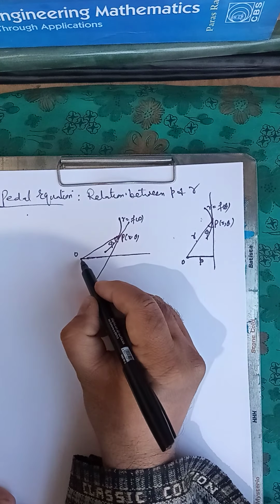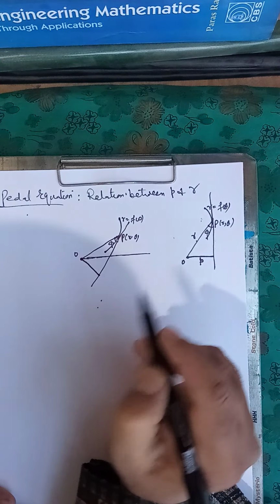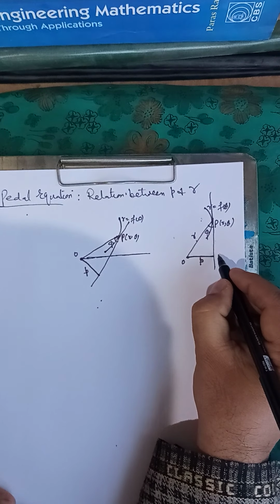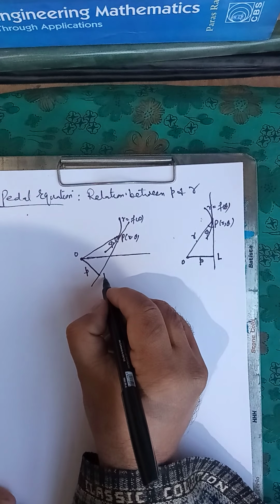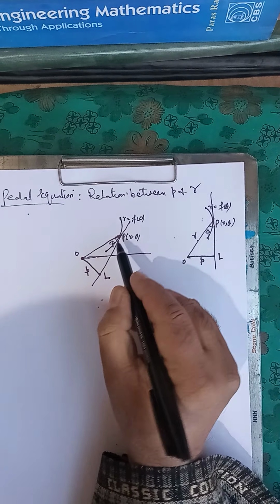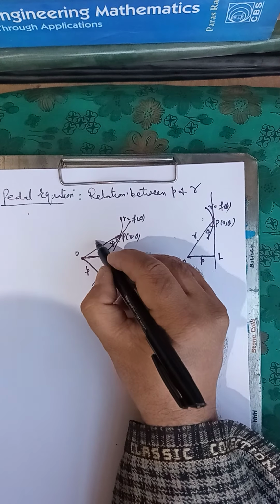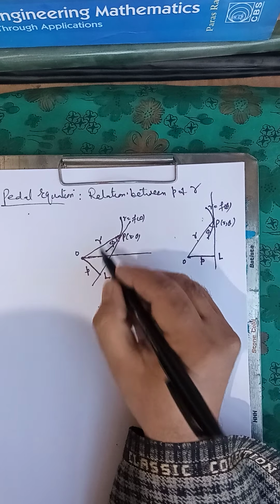What I am doing is drawing a perpendicular from the pole upon the tangent. Say this is OL, and OL is p. So I have to find the relation between p and r. That relation is known as the pedal equation.